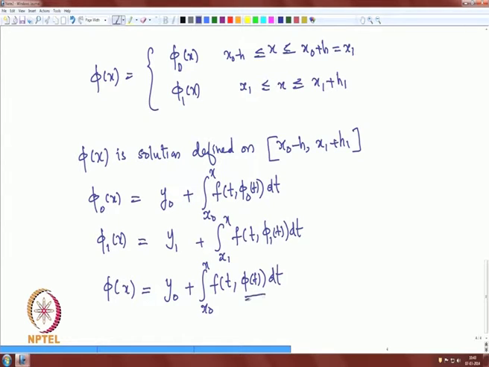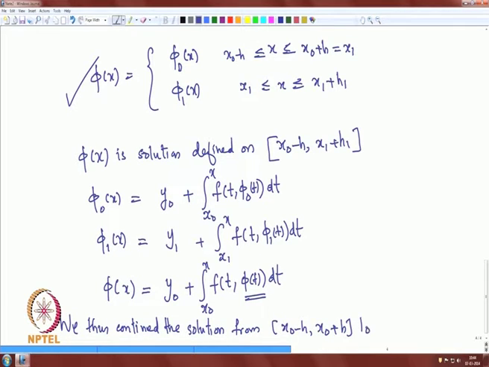So this phi t is defined by phi x here. Therefore, we have thus continued the solution from x 0 minus h to x 0 plus h to a larger interval x 0 minus h to x 1 plus h.